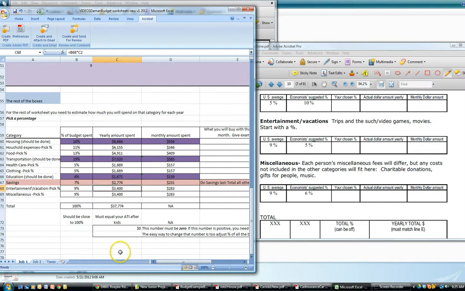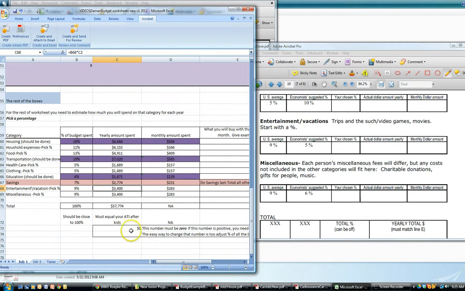Now I have spent 100% of my income. And so now all I have to do is copy this in. This is how you get a perfect project, perfect numbers. So please think about using this.